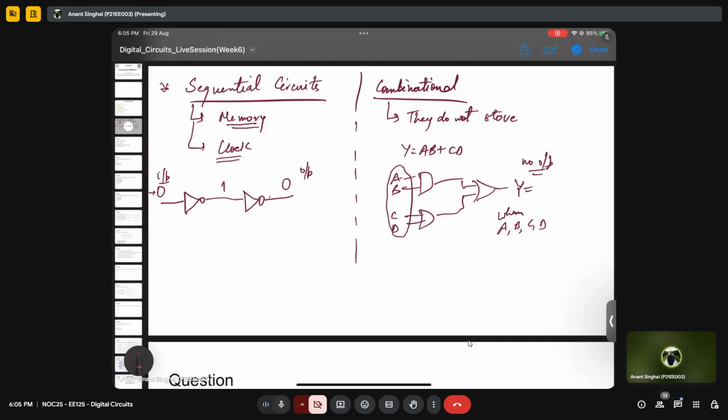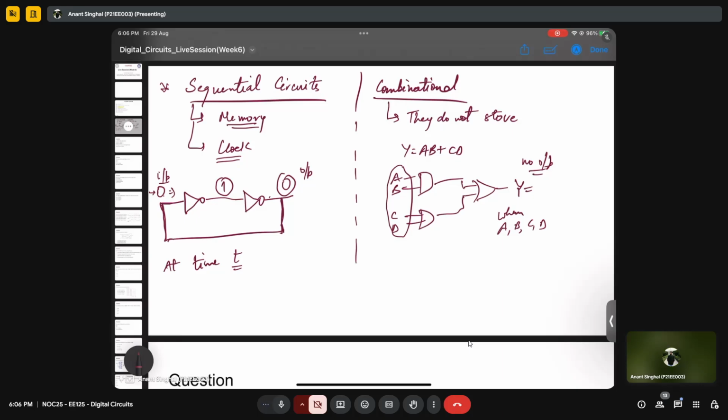But what if I now connect this output to the input of this particular gate? Say at time t you have given an input of 0. This will give 1, and then this will give 0. Since this is connected to the input, it will store this bit.